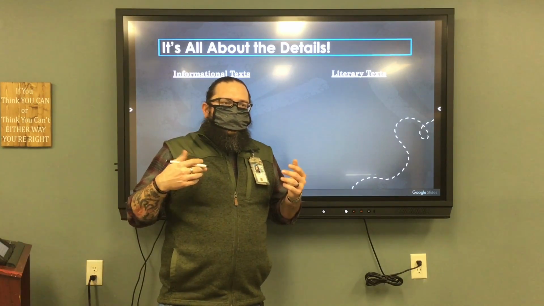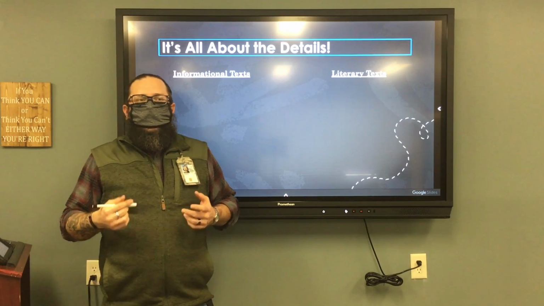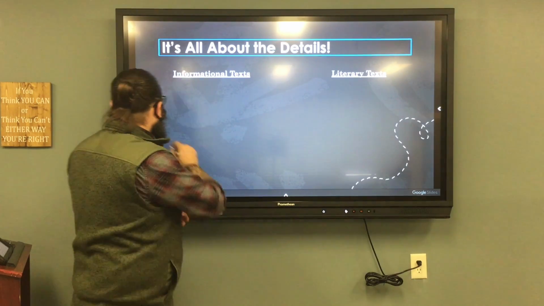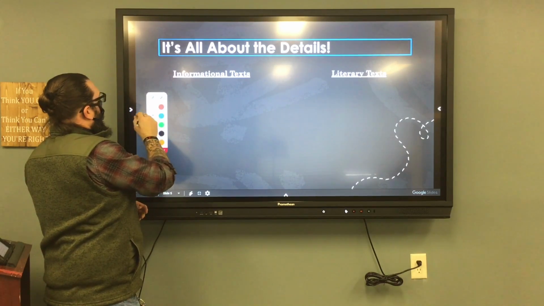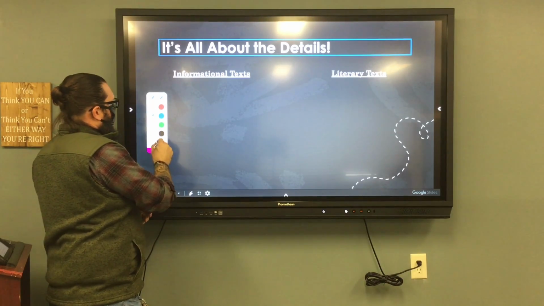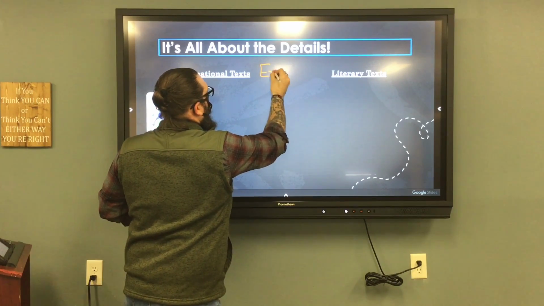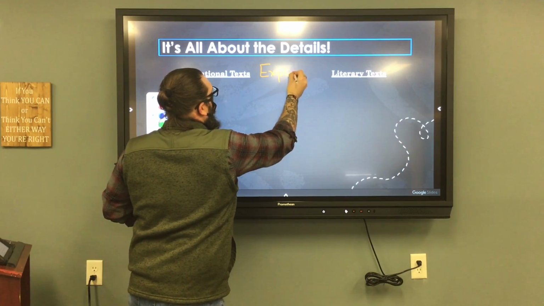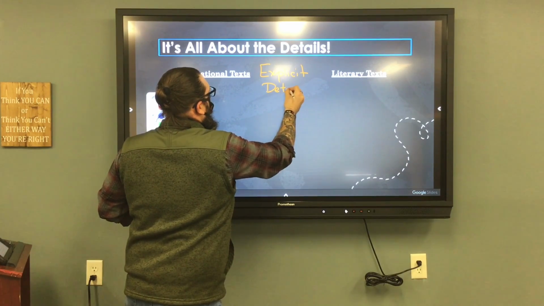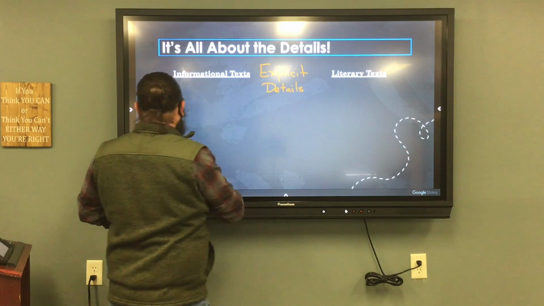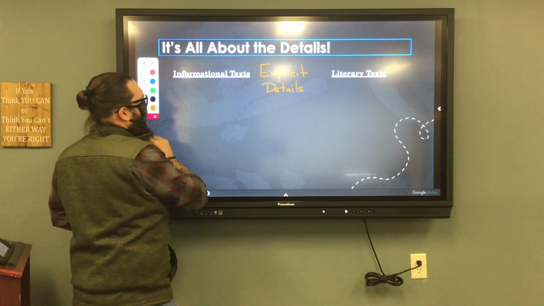So when we are reading a particular text, we are looking for what are known as explicit details. Can anyone tell me what explicit details are?